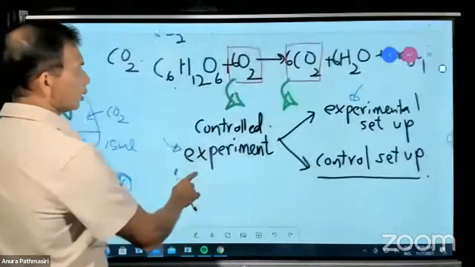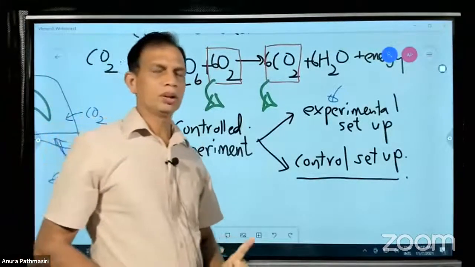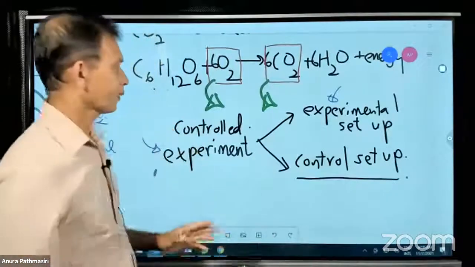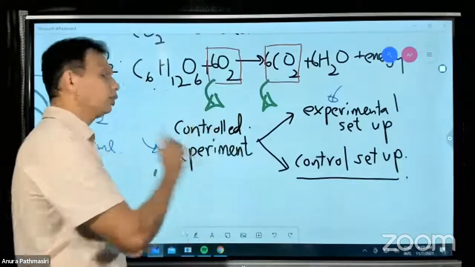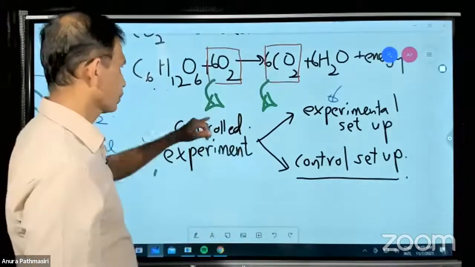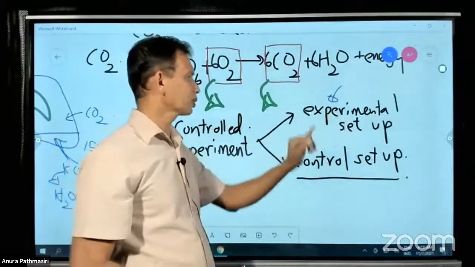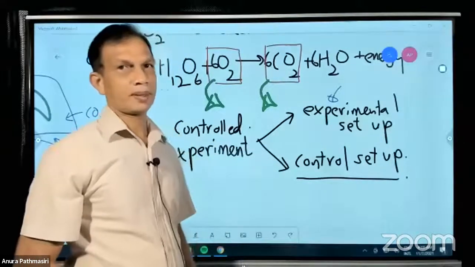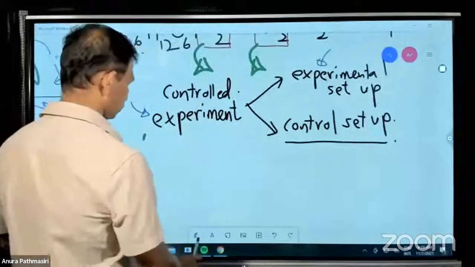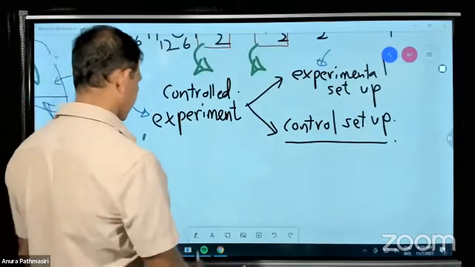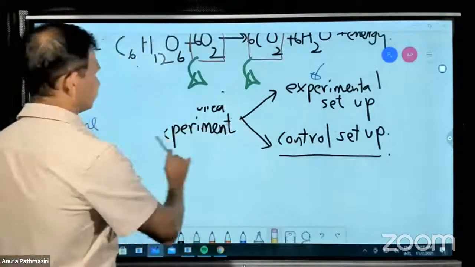This one is to see that oxygen is required for cellular respiration, and it has to be shown by using a controlled experiment. In controlled experiments, you have an experimental setup and a control setup. And see how we can do that. According to your textbook explanation, it is done something like here.